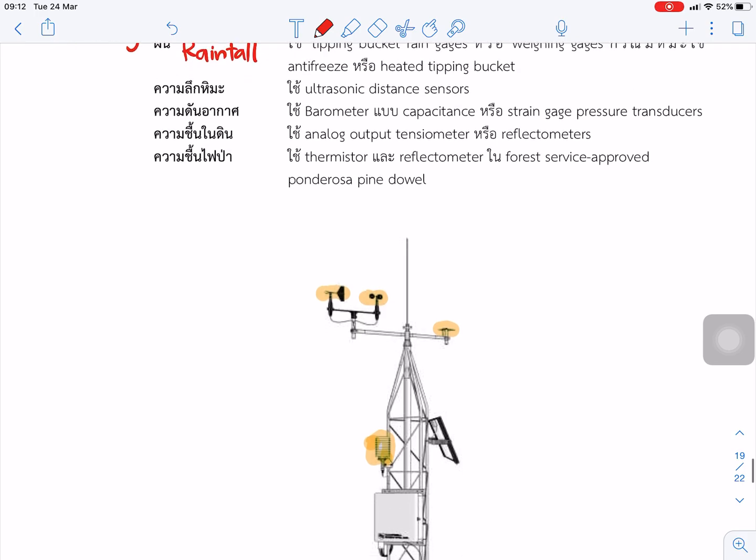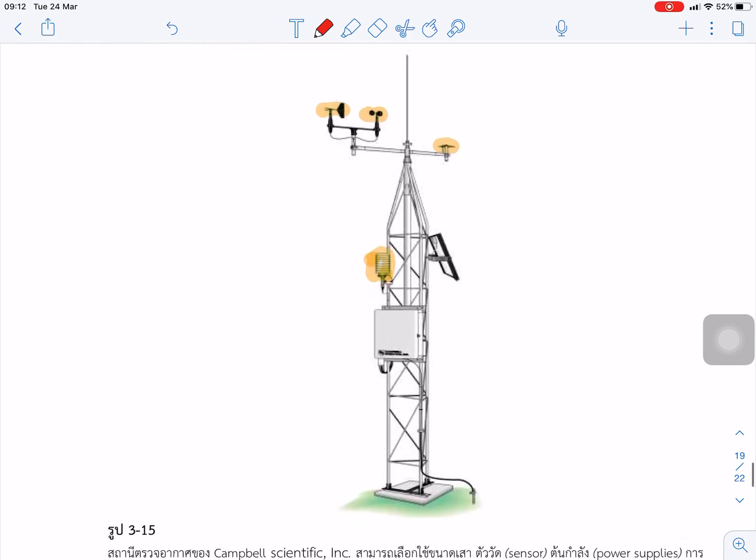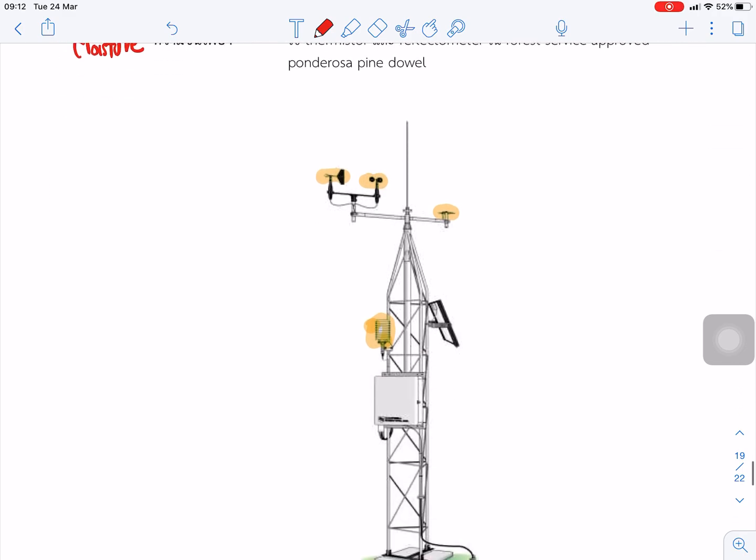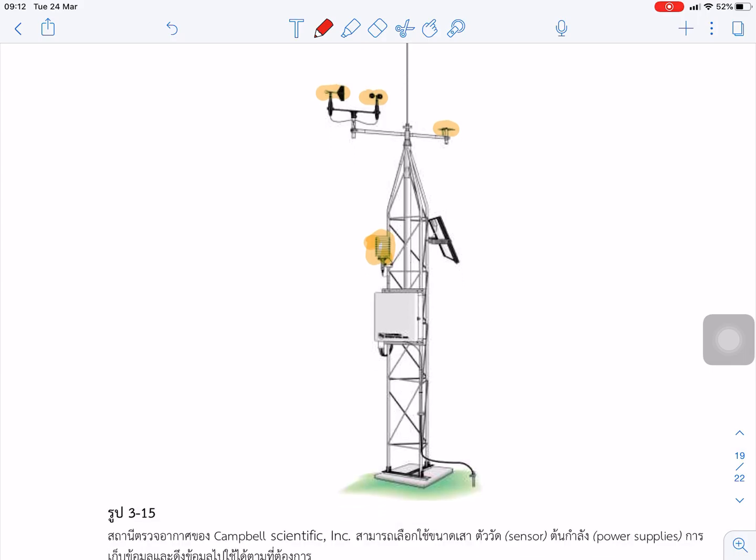Okay, and to measure soil moisture, they can use this instrument inserted into the ground.